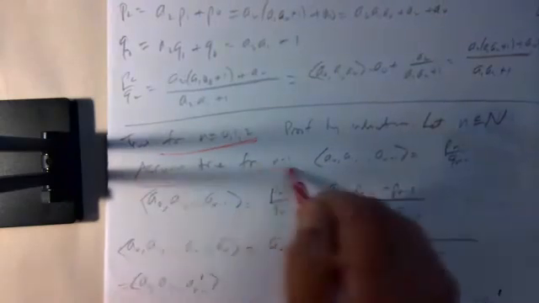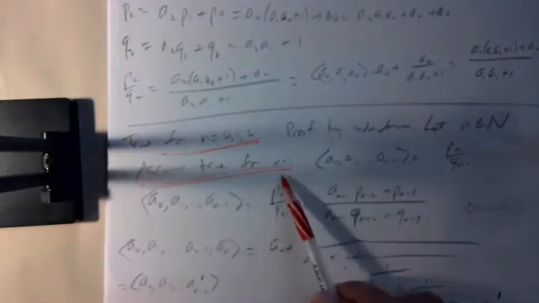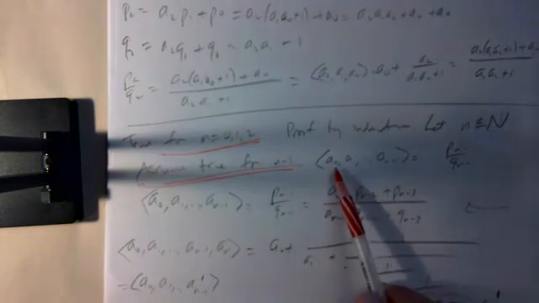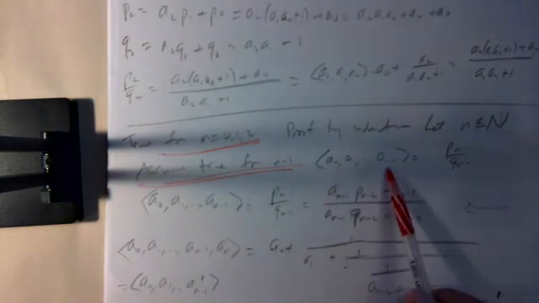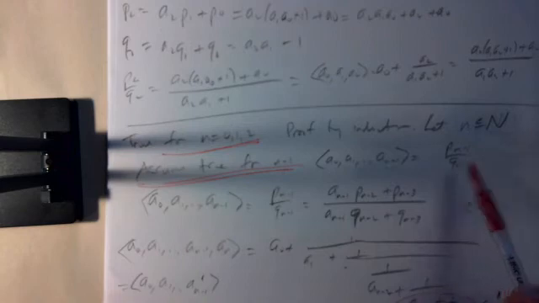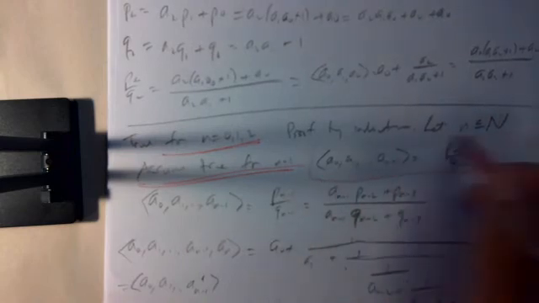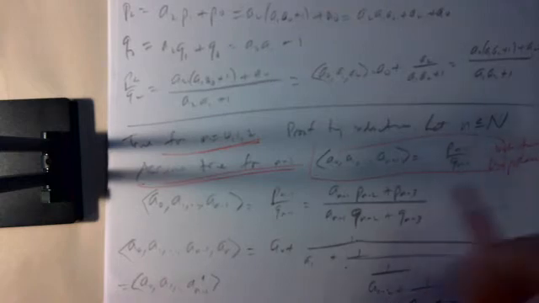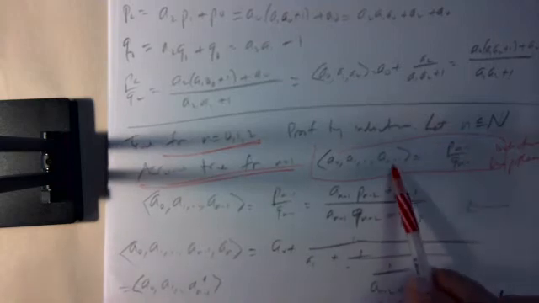And then I said, assume the statement is true for n minus 1. That means if you have a continued fraction a0 up to an minus 1, that's pn minus 1 over qn minus 1. So this is the induction hypothesis. We're assuming this is true for n minus 1.